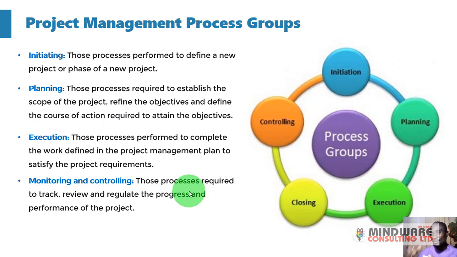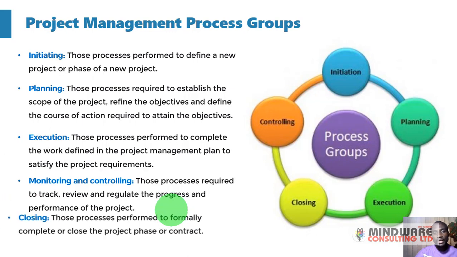So you are testing as it's going on to ensure that at the end of the day it comes out with that particular feature. All this monitoring, controlling and regulation goes on in pari passu with the processes in the execution phase, to ensure that at the end of the day you come up with the needed requirements.